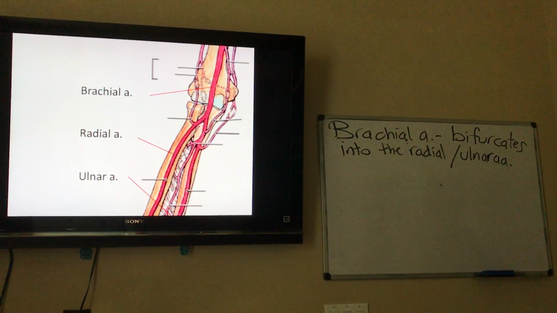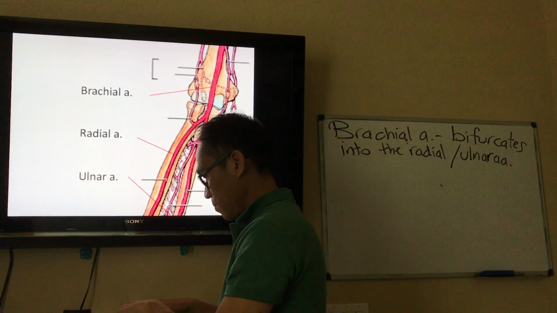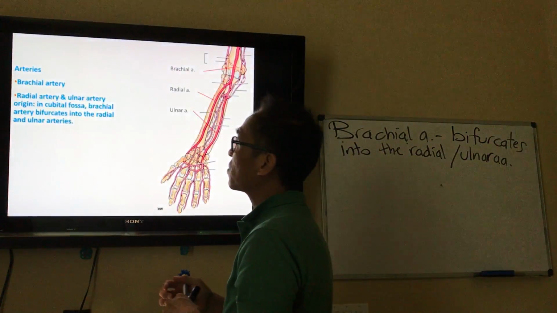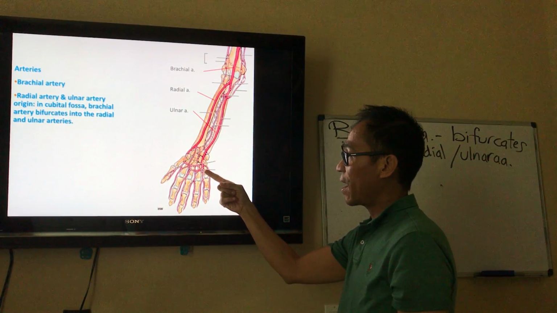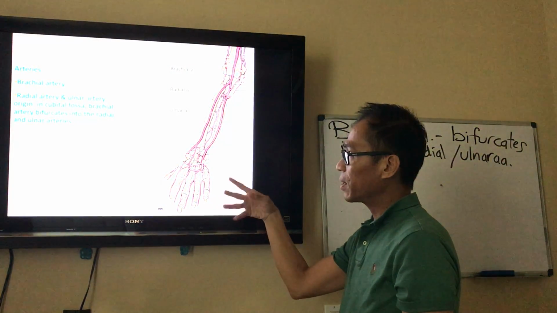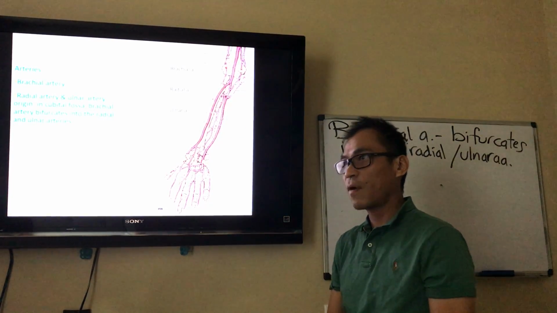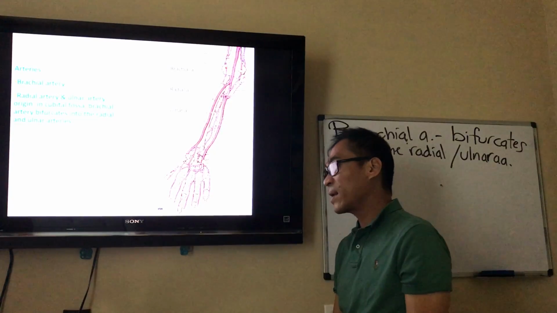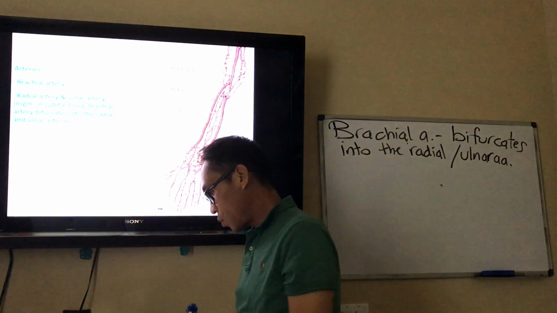The radius bone, the ulna. And these blood vessels run all the way down to the wrist and to the hand. They give off other branches here, but again, this is as far as I'm going to go. Like in the leg, I went as far as anterior and posterior tibial, that ran down to the foot. It's kind of like I'm stopping in the same place for the upper limb.